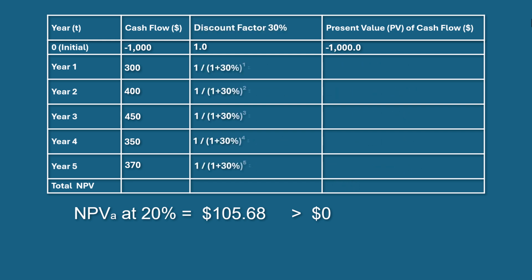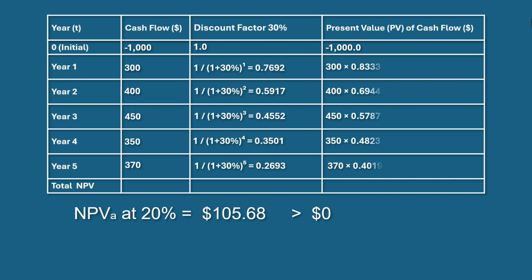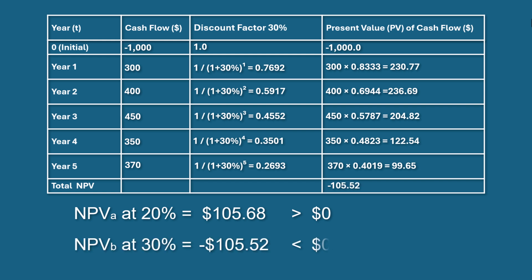When we calculate the NPV at 30%, we get approximately minus $105.52, which is less than zero. Now we have both values, one above zero and one below zero. This means the IRR lies between 20% and 30%, approximately 25%.